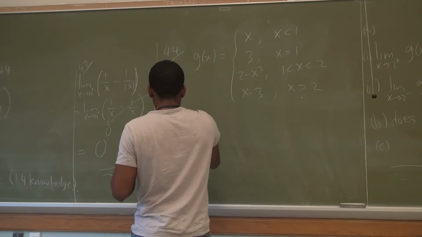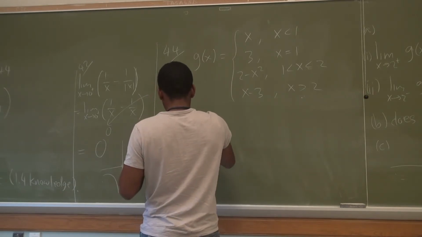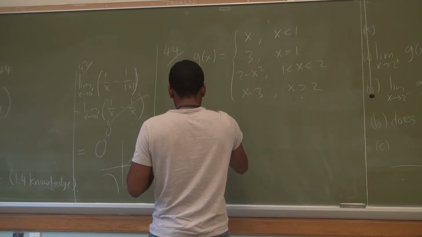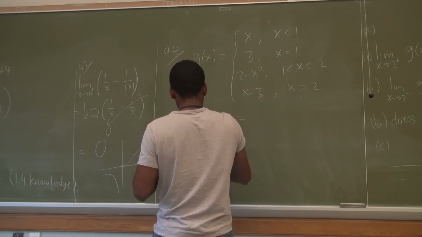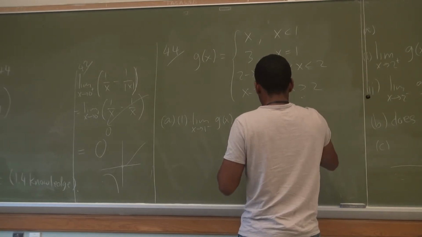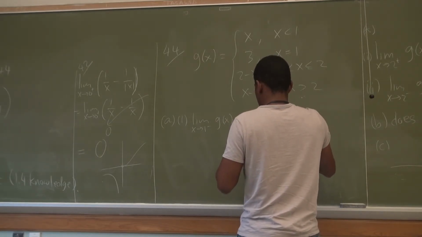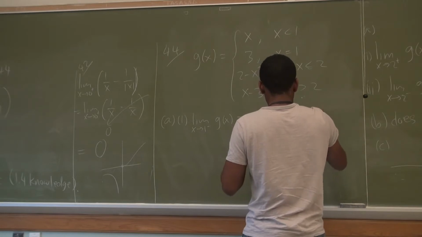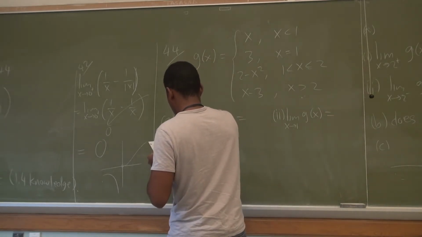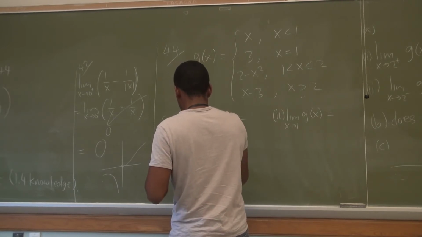Forget the sketch part. X approaches 1 from the left. Approaches 1. G of 1.